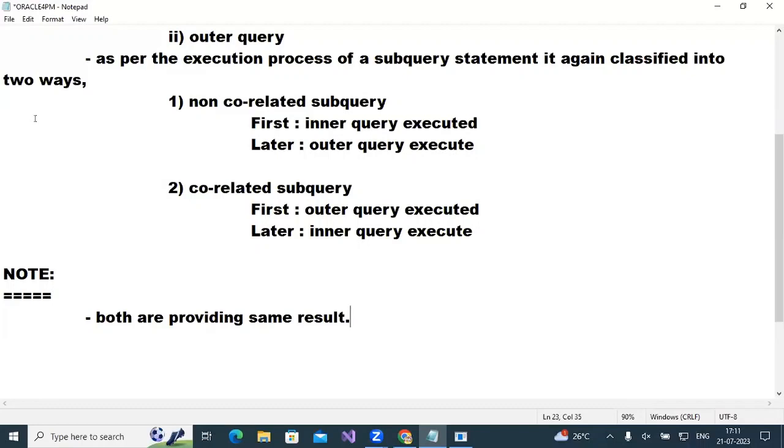Otherwise, even if through the non-correlated mechanism I'm writing complex statements, very lengthy statements, very complex statements, there also we need to reduce the complexity, so again you have to go correlated.